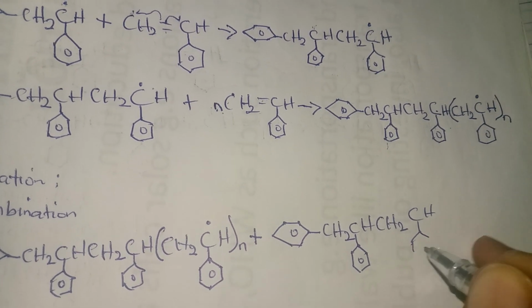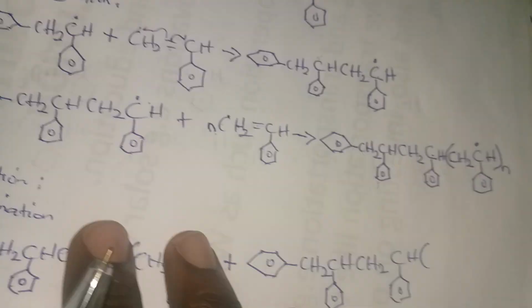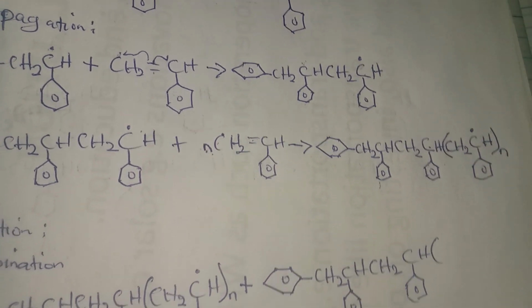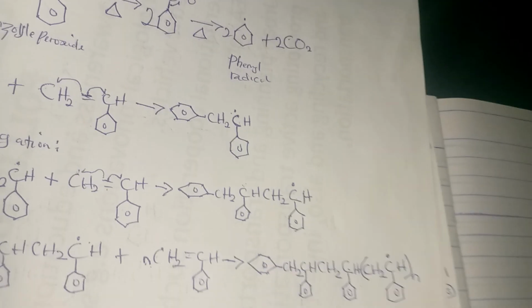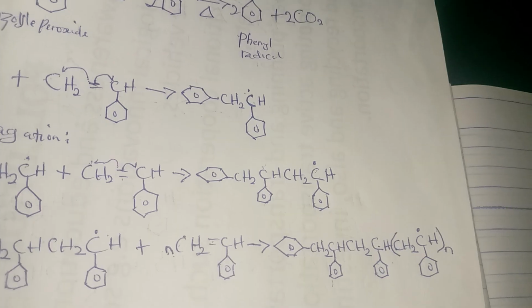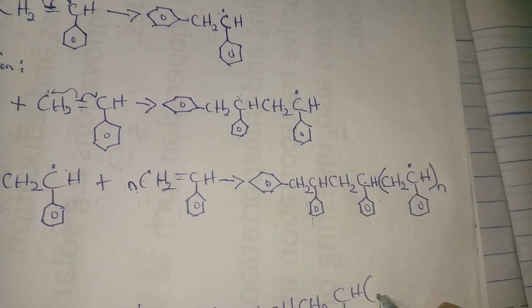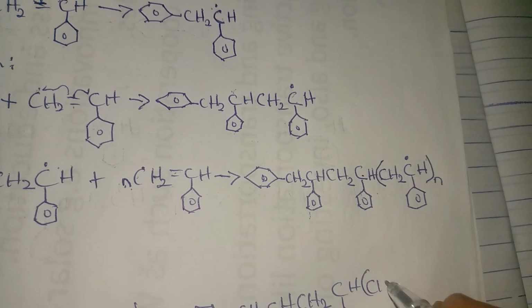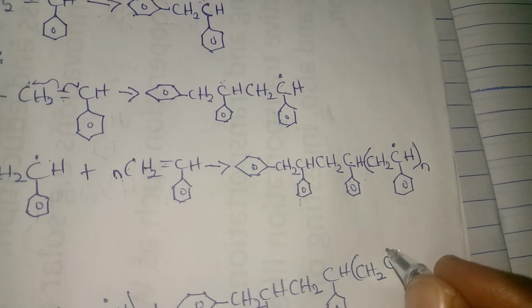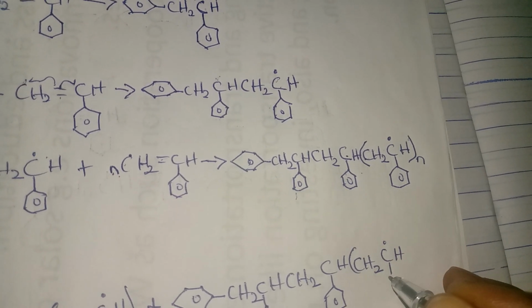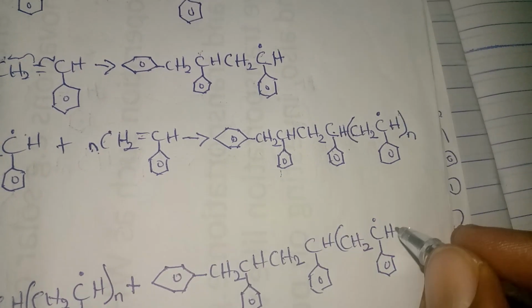You bring two of them. Now you have your brackets. What do I have there again? I have CH, CH2, C, my free radical. Close N.